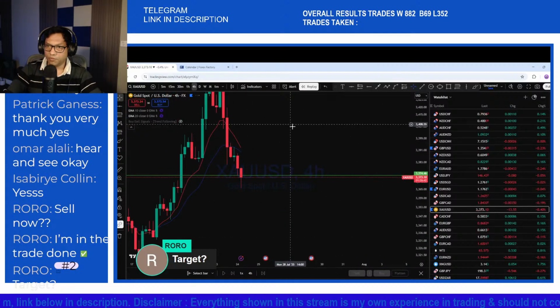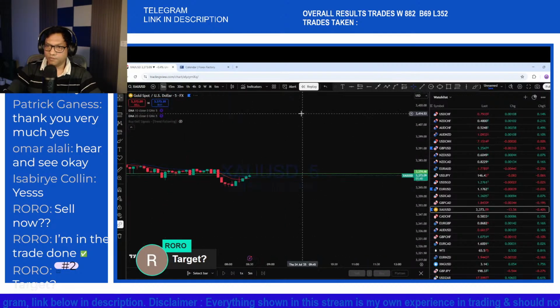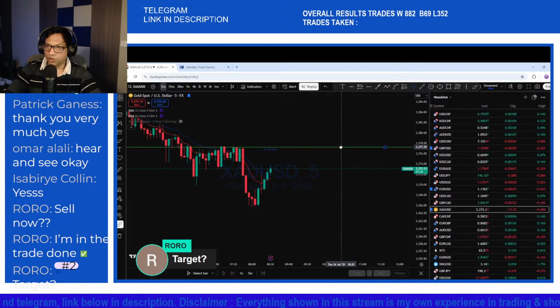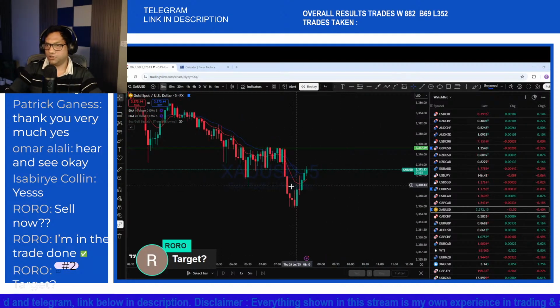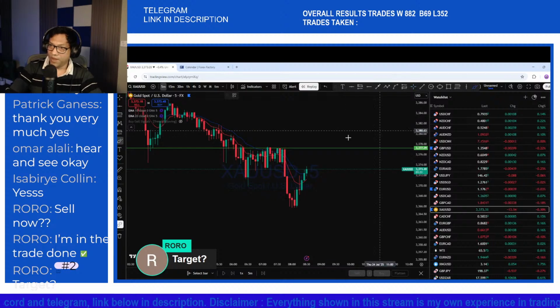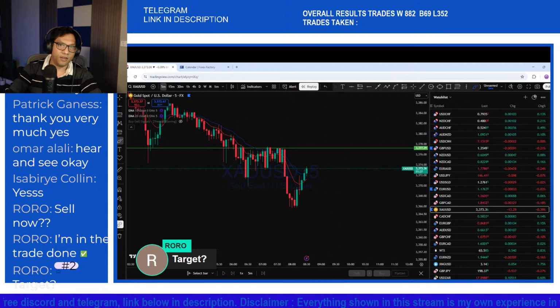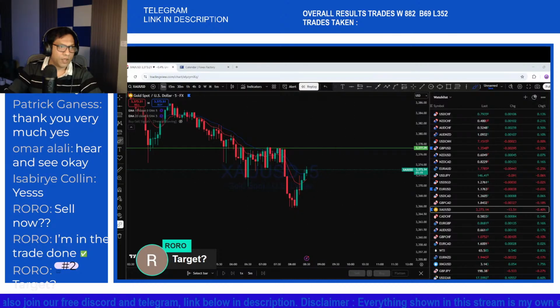So let's look at the previous resistance line. Now there is very high liquidity above this level. If this market is really going back up to this level, which is a very high liquidity zone, we might see the price again get that rejection back to that level.